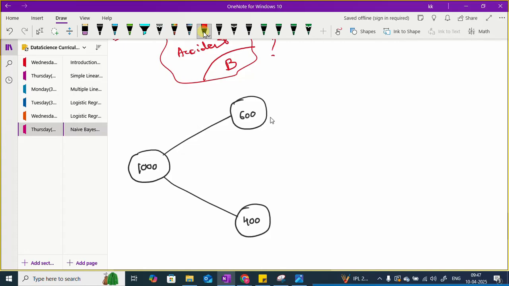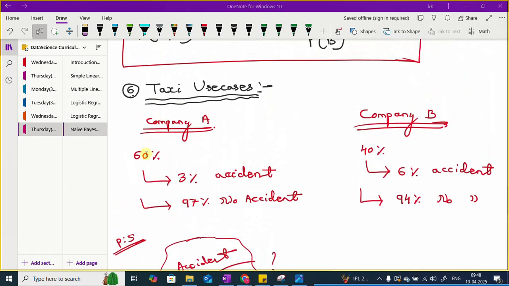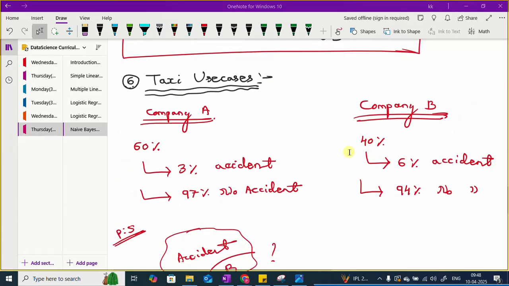This is company A. Let me write company A. Try to learn step by step, guys. This is very, very important. Company B. Clear? Any doubts so far? This is the percentage given: 60%, 40%.